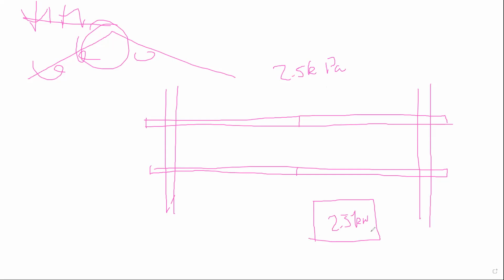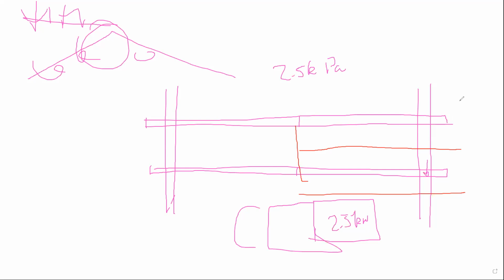Now, what I want to do is take these 2.5 kPa and see how much is going to come into this one particular stud. So if I can calculate the tributary width of this stud in this direction, and the tributary width in this direction, this is the area that my stud is actually carrying.